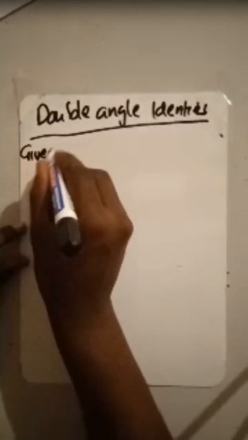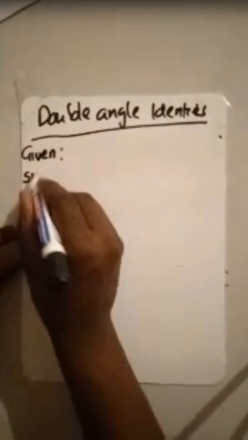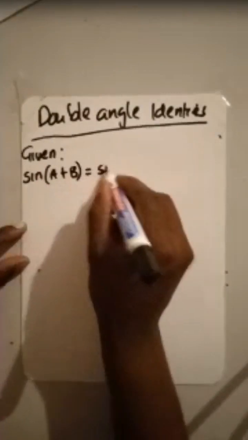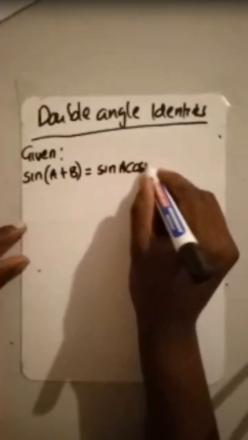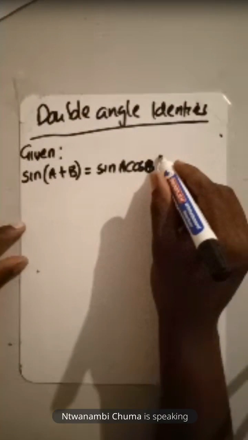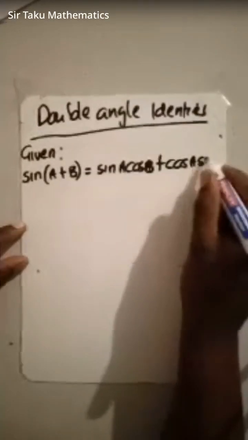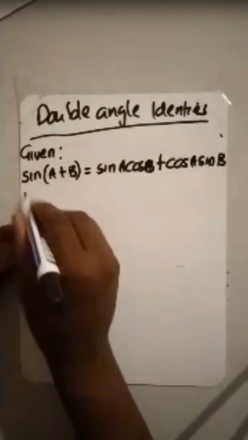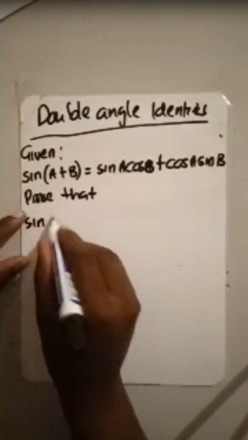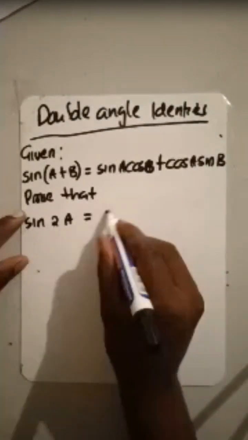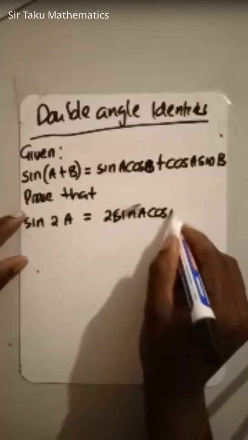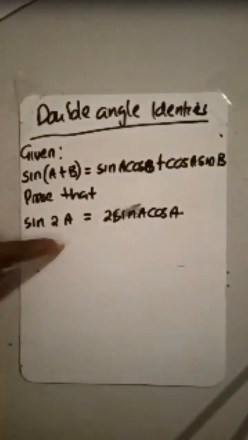So, given that sine A plus B is equal to sine A cos B plus cos A sine B. Prove that sine 2A is equal to 2 sine A cos A. So we need to prove this, given that.